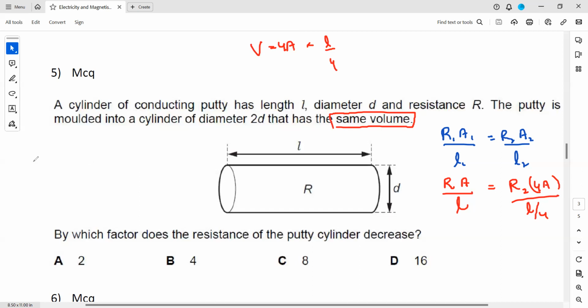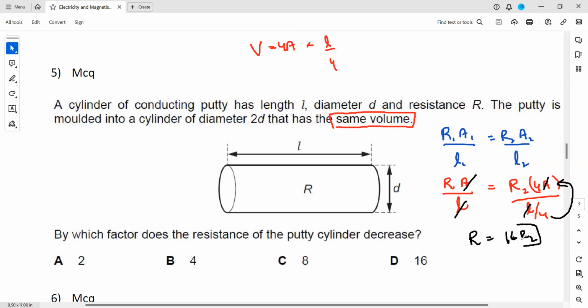So now we simplify. When we simplify, area cancels with area, and length cancels with length. This 4 is in a numerator, and this is a denominator of a denominator, so this will be multiplied. So R equals 4 multiplied by 4, 16. So this will be 16 R2.